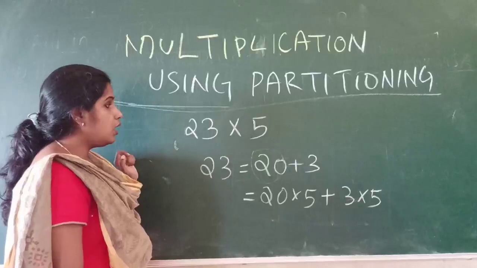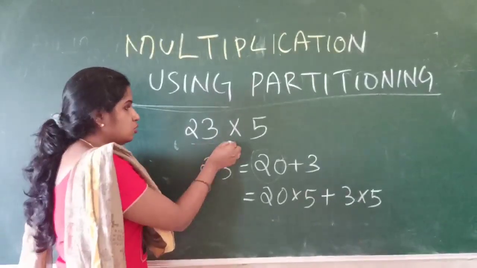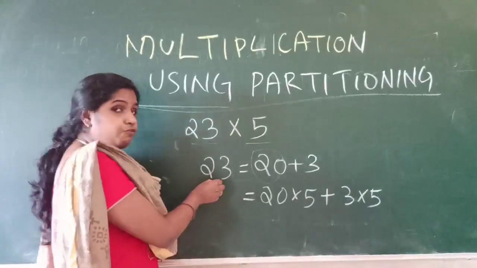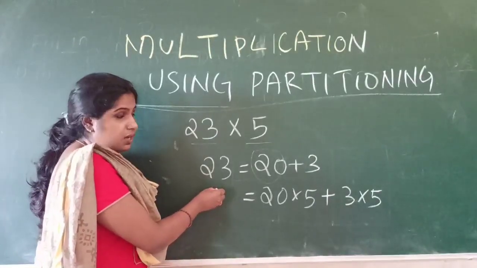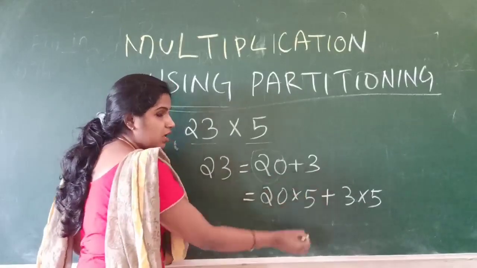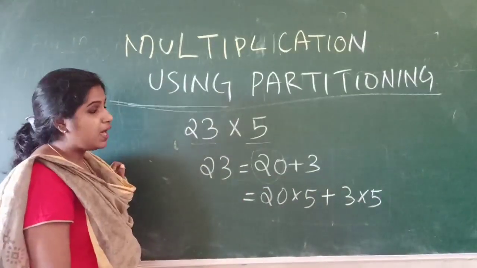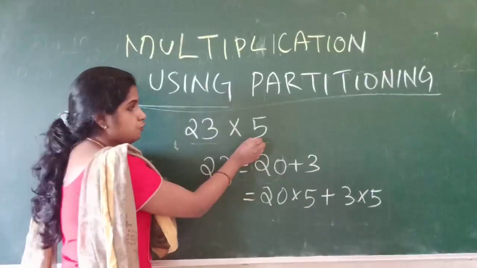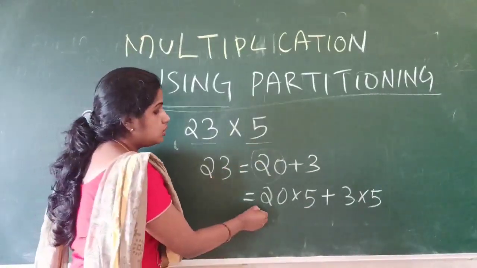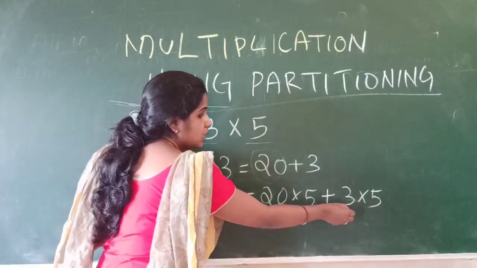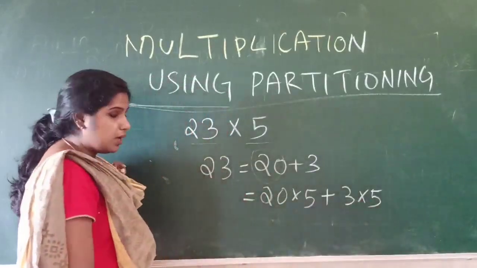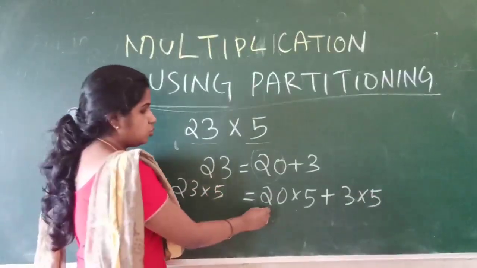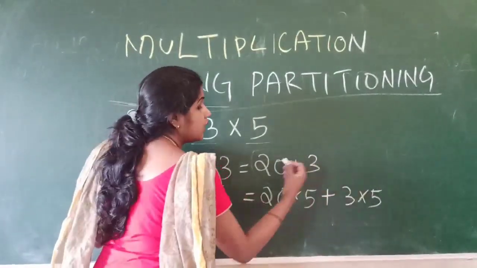Why? Because we have to multiply this 23 with 5. So first we write the partitioning form of 23, that means 20 plus 3. Now we multiply each partition with this 5. That is 23 into 5, we can write it as 20 into 5 plus 3 into 5.